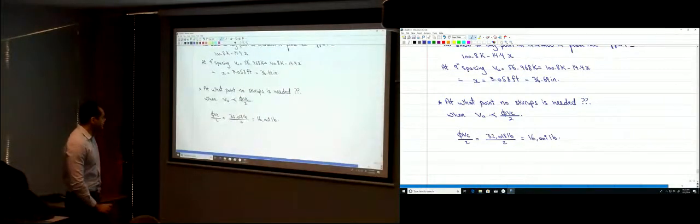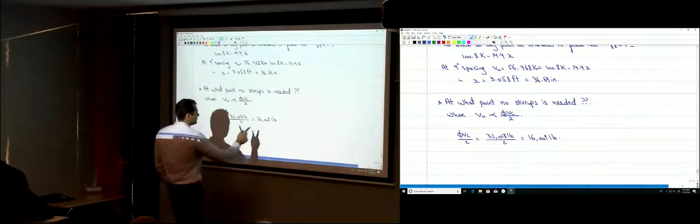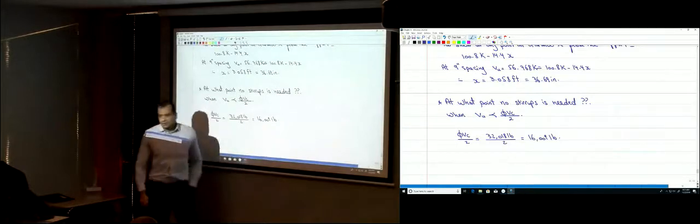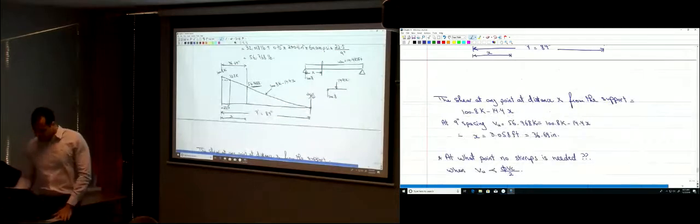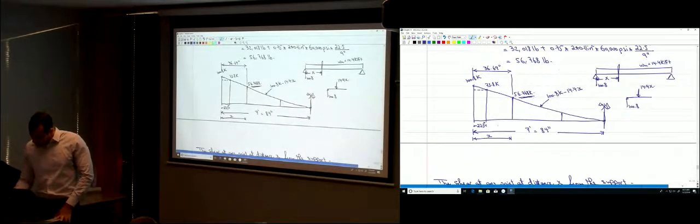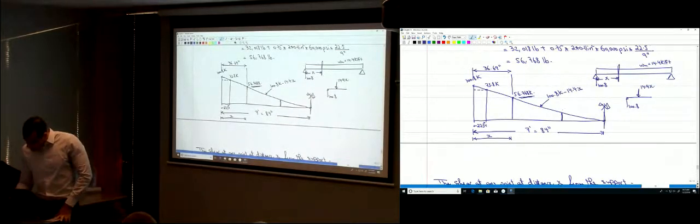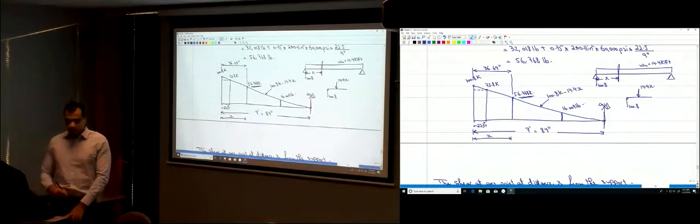So when the shear force is equal to 16.009 K, you don't need stirrups. Where's that point? I have that point somewhere over here.